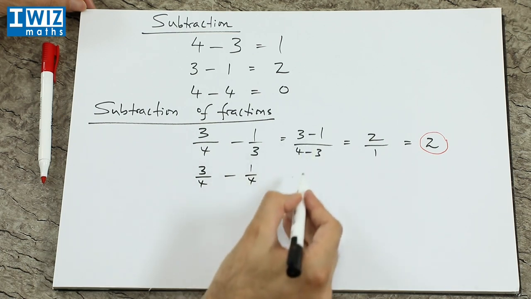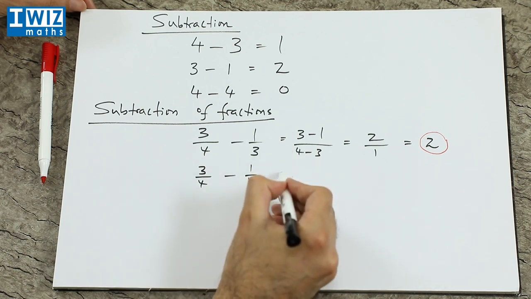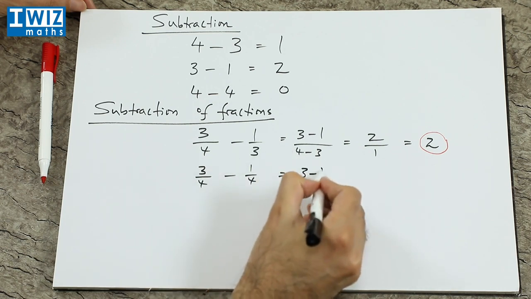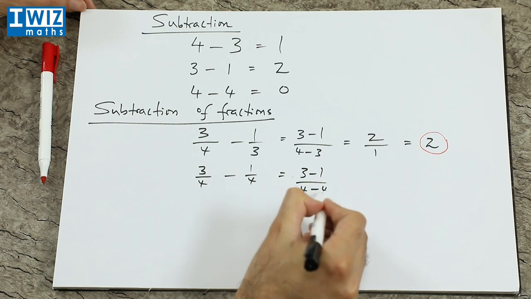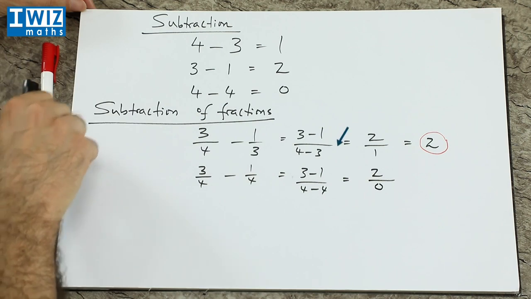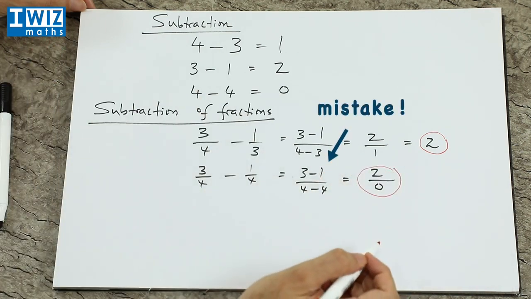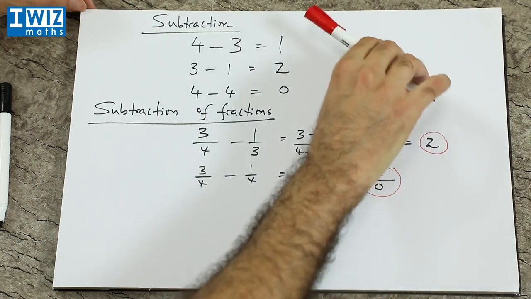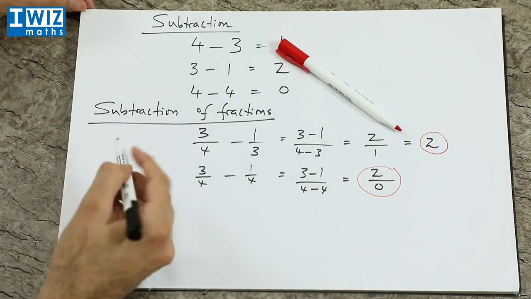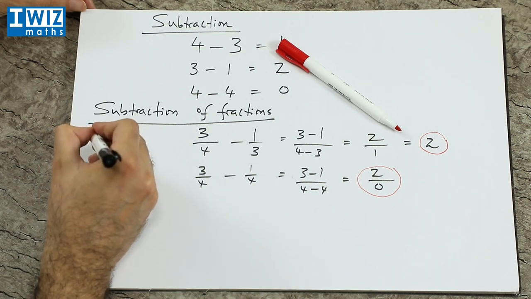So if the student did the same mistake, they would do that's just 3 minus 1 divided by 4 minus 4, which turns out to be 2 divided by 0. That's clearly wrong again. So what we've basically been doing here is looking at an algebraic version of subtraction of fractions.